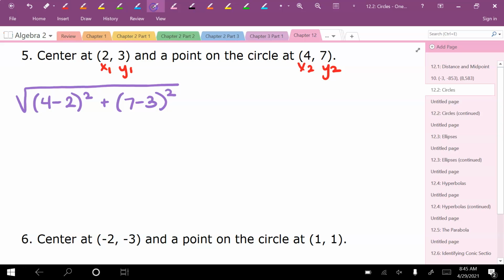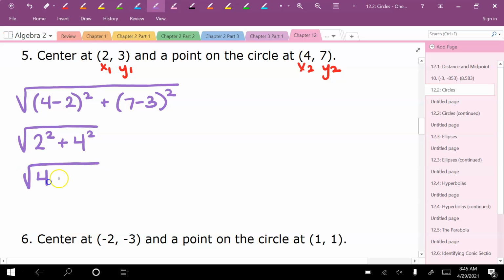So 4 minus 2 is going to be 2, so underneath here I have a 2 squared, and then 7 minus 3 is 4, so 4 squared. So then I have 4 plus 16, which is going to be the square root of 20. Now I am not going to worry about breaking that square root down. I'm just going to leave it right there, because now this is my radius.